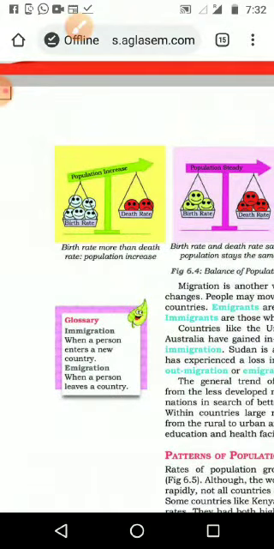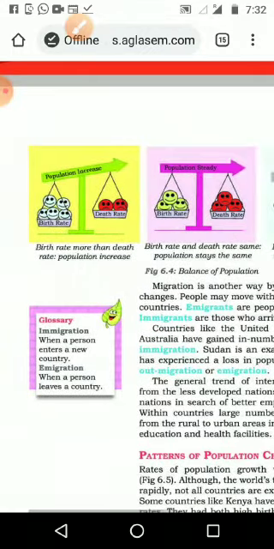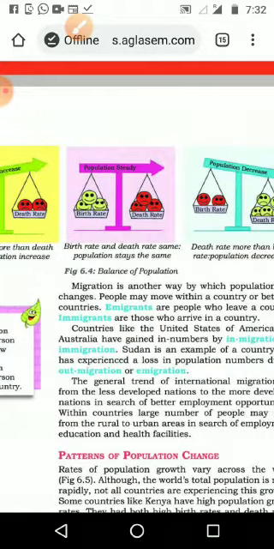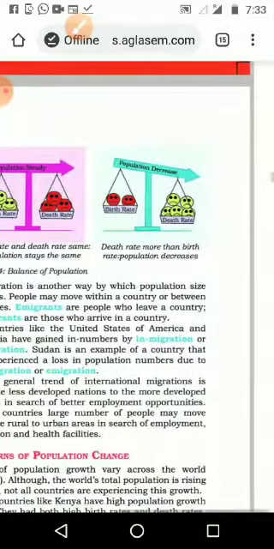Population increases when birth rate is high and death rate is very less. In the present Indian situation, birth rate is very high and death rate is very less, so we can see population increase. Then when death rate and birth rate become the same, we can see the population is steady.